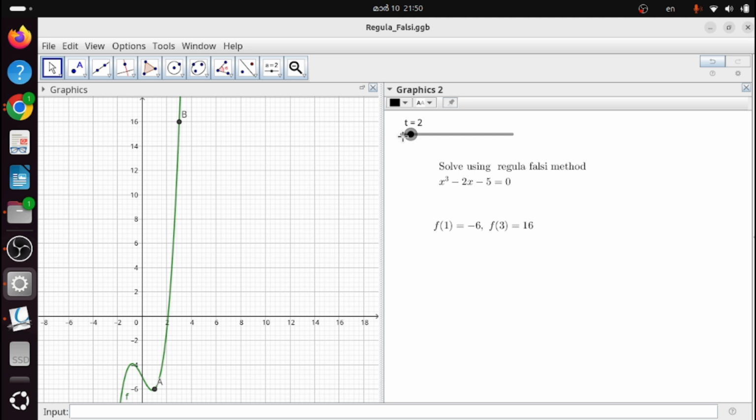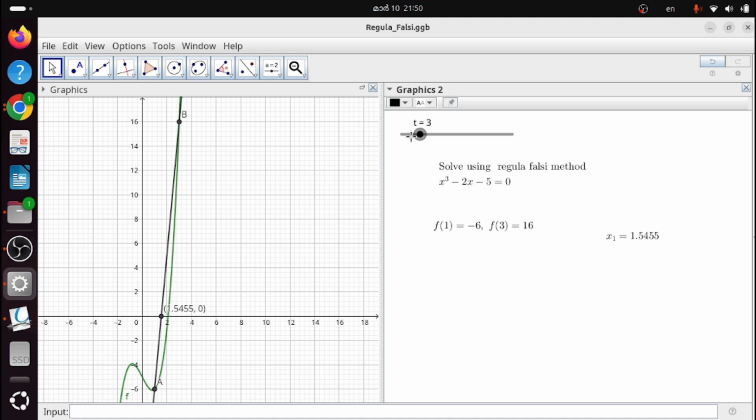We can see that the function takes the values minus 6 and 16 at 1 and 3 respectively. The values are of opposite sign, that means the root lies between 1 and 3. So as we said earlier, our next task is to draw a secant line joining A and B and find its intersection with the x-axis.